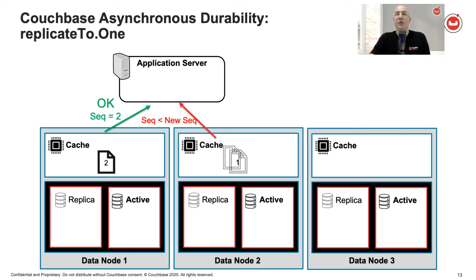Now the SDK polls the replica node again and matches the revisions again. And now they match. So the client knows that the replication has succeeded, and the client can continue with the next statement. But that mechanism presents an issue called dirty reads.